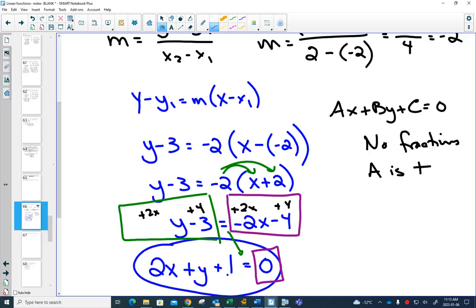I got this -4 because this -2 hit this +2 when you distribute it. And -2 times +2 is -4.